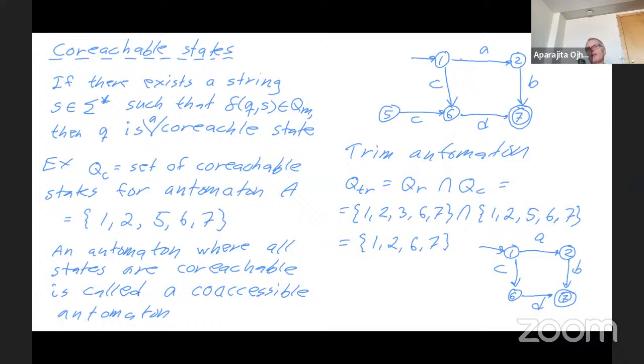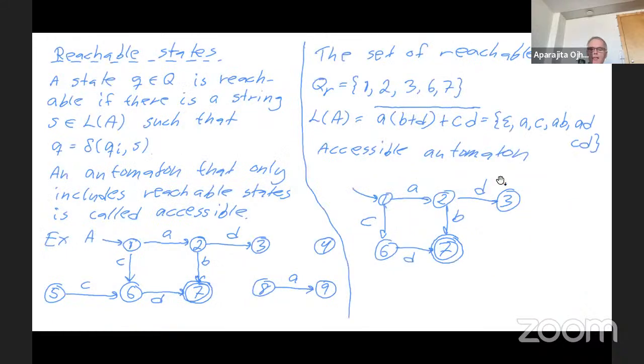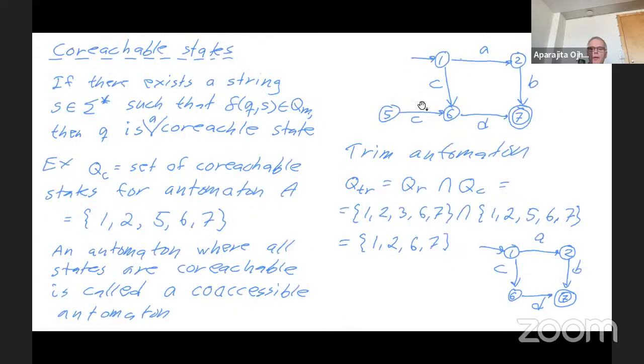And then there is another notion which is called the trim automaton, and that combines the reachable and the co-reachable states. And if you take the intersection between the reachable and co-reachable states in our example, we both skip that state 3, and we skip the non-reachable state.